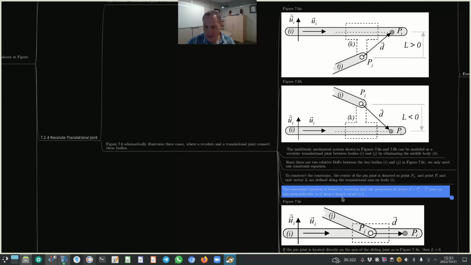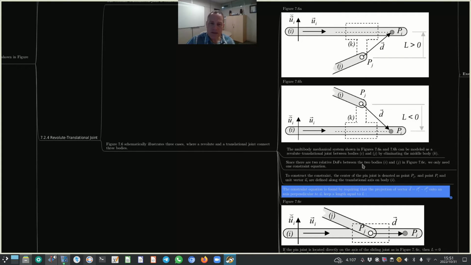Now, the constraint equation is found by requiring that the projection of vector D onto the axis perpendicular to unit vector Ui keep a length equal to L. Okay, and now we're referring back to this L that's indicated here in figure 7.6a and b.